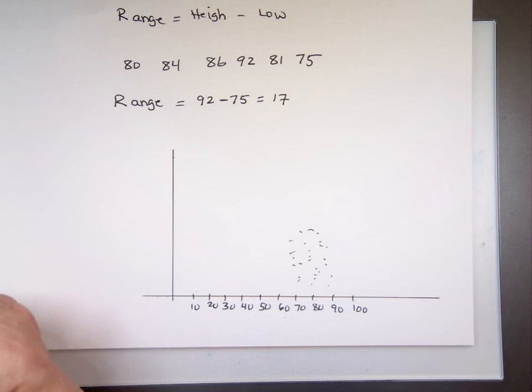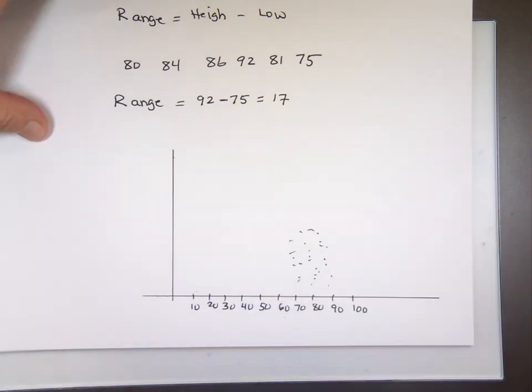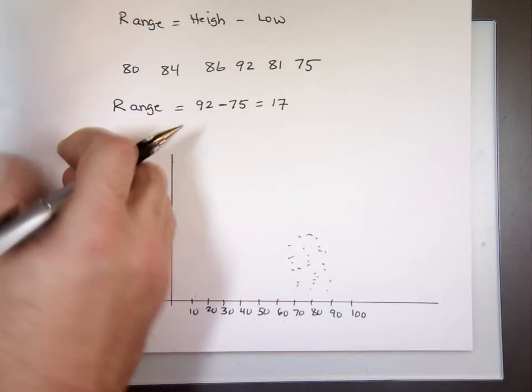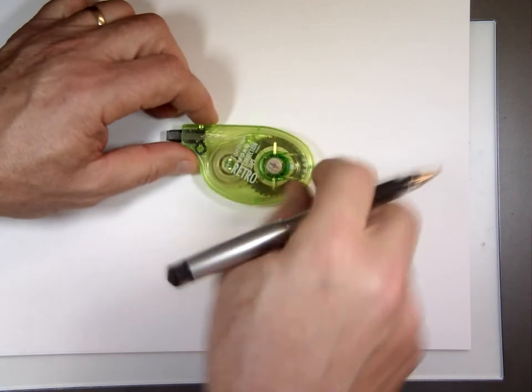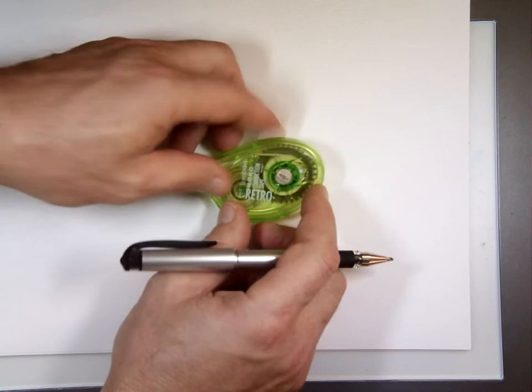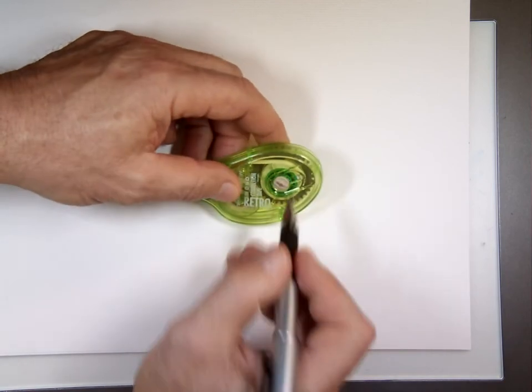But the range will give you the high value minus the low value. Again, if we're designing, look at this eraser. Notice that little piece turns here. When you design these, you want the range of the thickness of the diameter here to be really small.